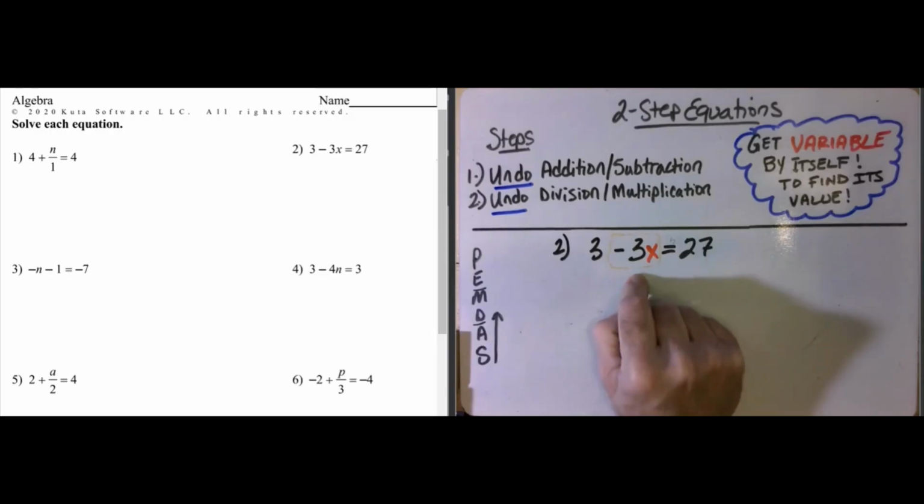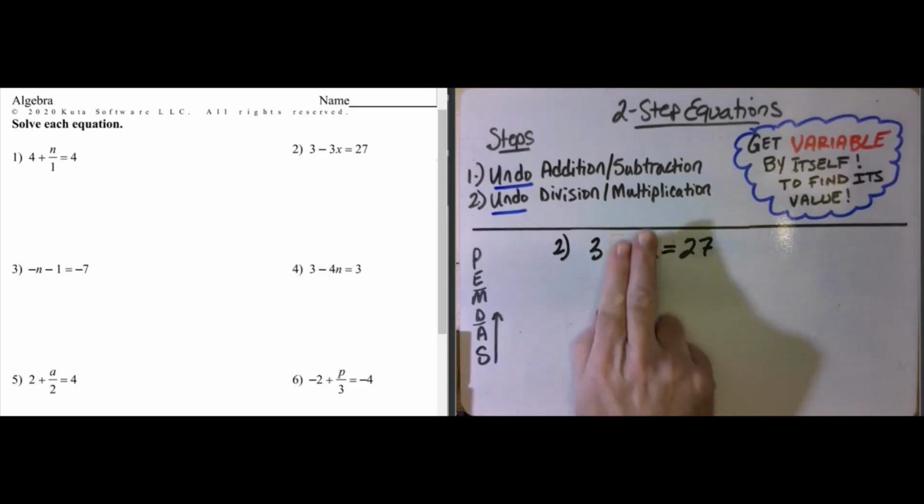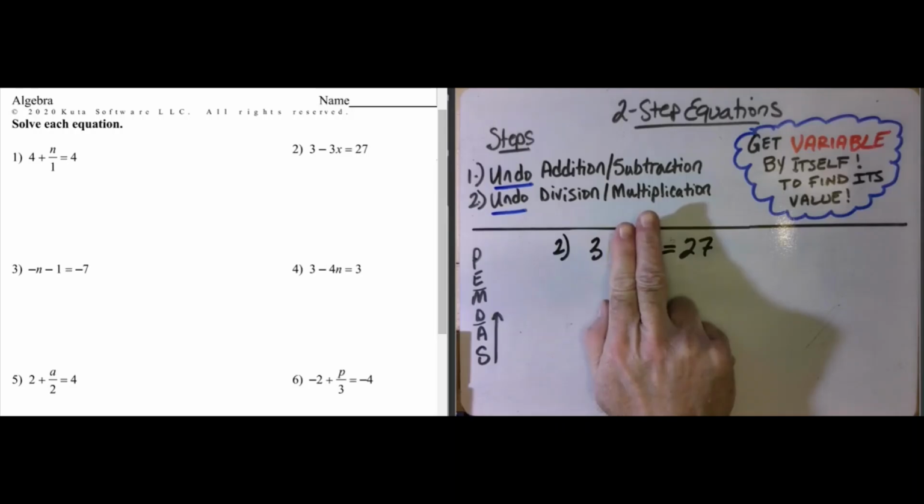Our first step is to undo the addition and subtraction. This is multiplication, it's a negative 3 times x, so that is not the first step. The first step is addition or subtraction. If you look at this, we're trying to get that by itself. Well, there's the 3.